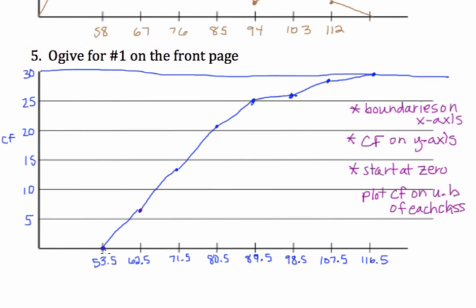So for example, this first class had a cumulative frequency of 7. So I plotted that at the upper bound of the class. This class had a cumulative frequency of 13. So I plotted it at the upper bound of the class. And that's the ogive.